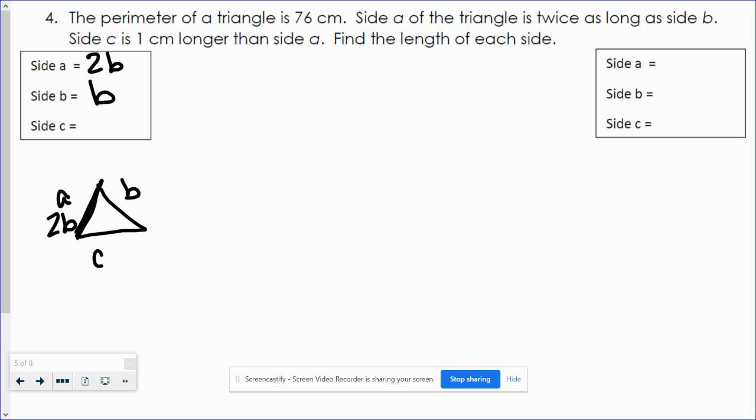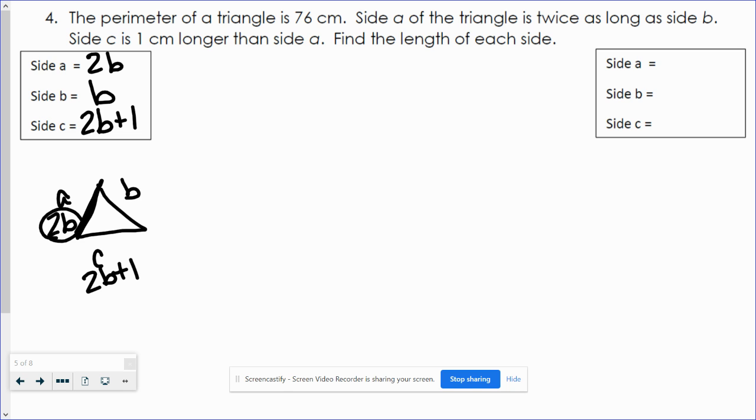And then it says that side C is 1 centimeter longer than side A. Well, side A was really this, 2B, and it's 1 centimeter longer than that. So 2B plus 1. So we would add up those three sides, noting that they all have B's in them. We don't want to have an A and a B and a C, three different variables in our problem.